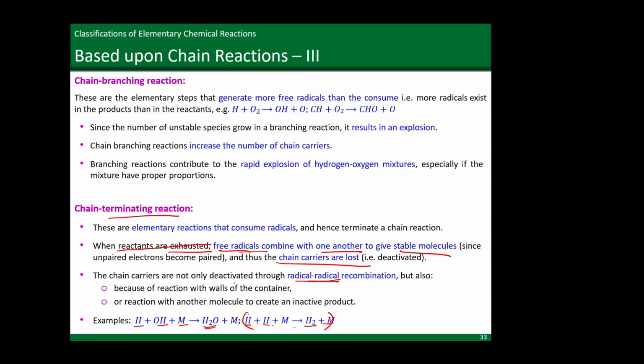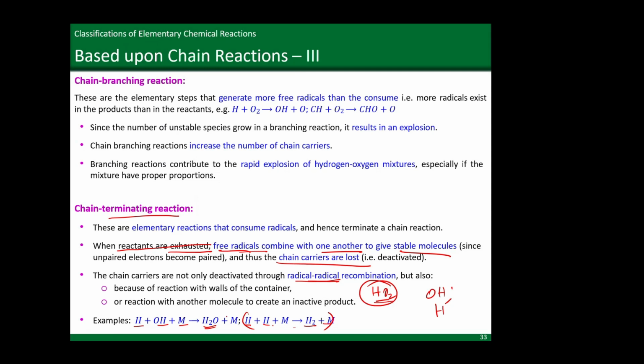So it just hits the walls of the container, and its effectiveness in terms of causing more reactions is drastically reduced. Okay, this is one option. Another option is that it reacts with another stable molecule to form an inactive product, which could be a radical, but it's just too slow. One example of such a slow radical is HO2. Once you form HO2, it's not as reactive as OH or H, so it slows down the reaction.